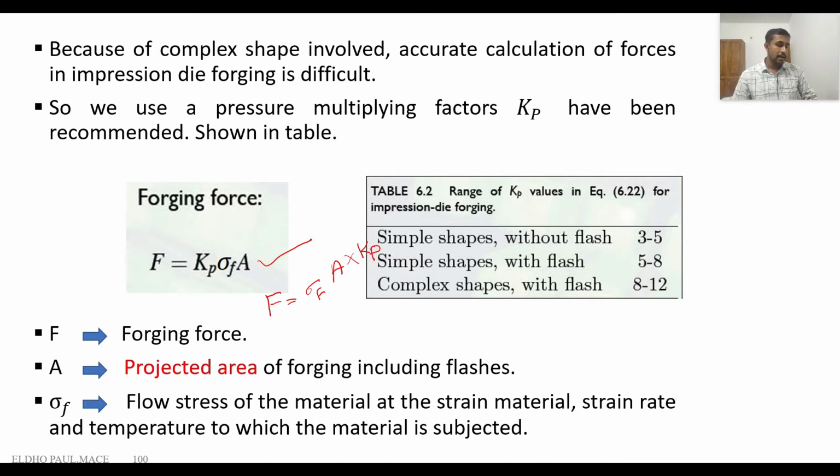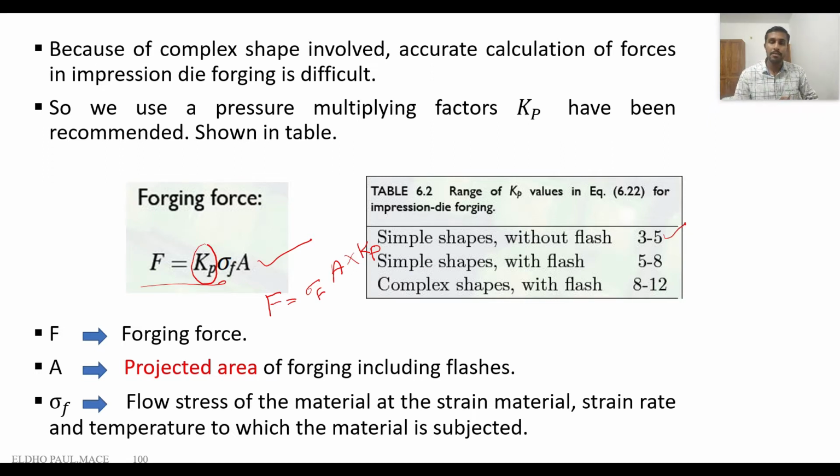This multiplying factor is used here to simplify the analysis, to develop the forging force with a simplified analysis. Here we have a value for this Kp. A 3 to 5 range value is given for a simple shape.